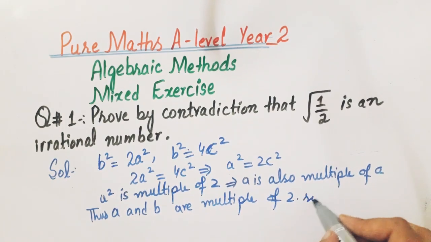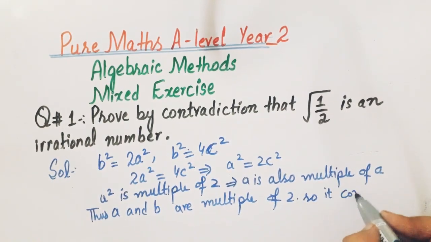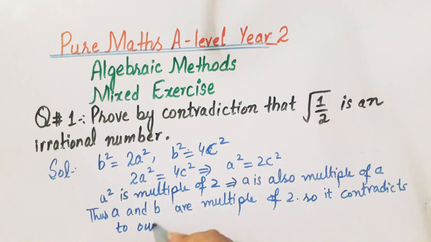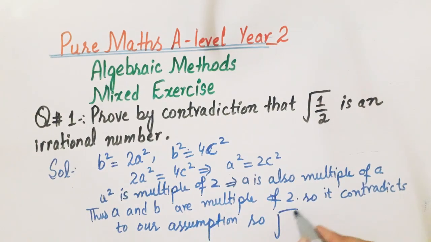So it contradicts our assumption. So square root of 1 over 2 is irrational.